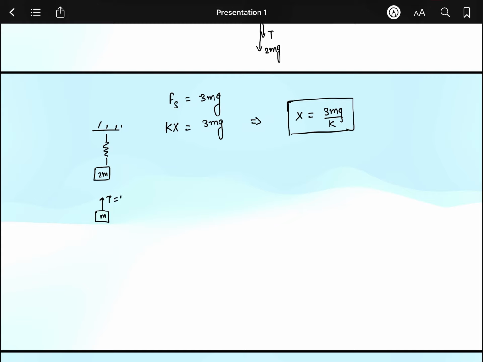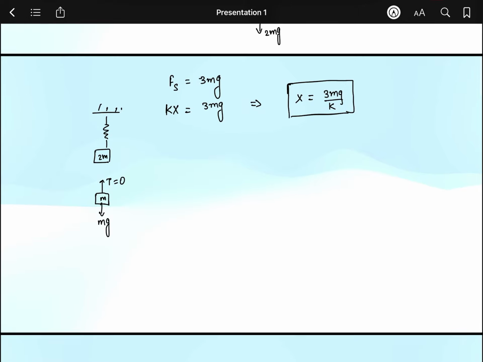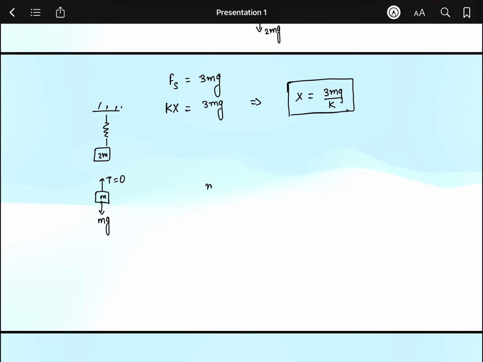Tension force will be equal to 0 on this block. Only mg will be acting downward. So what will be the acceleration of this small mass m? We'll write the equation of motion directly. mg is the only force acting in downward direction, that will be equal to m into acceleration of this block. So acceleration of this mass m will be equal to g only. So it will be freely falling with an acceleration g.